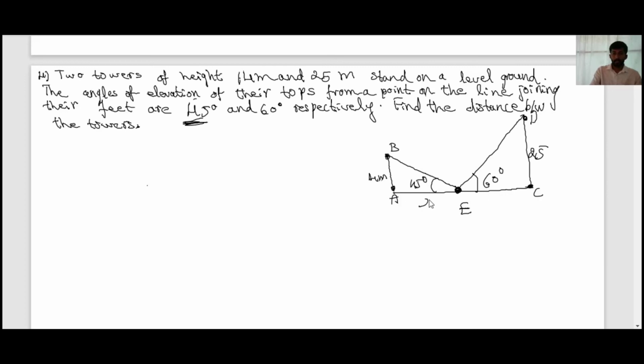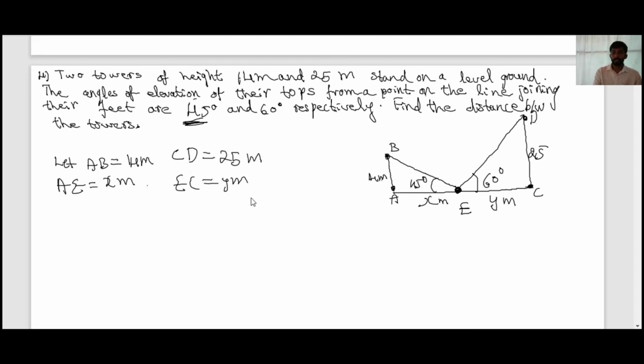So take AE is equal to x meter and EC is equal to y meter for our calculation. Here I'll write: let AB is equal to 14 meter and the other tower CD is equal to 25 meter, and AE is equal to x meter and EC is equal to y meter.